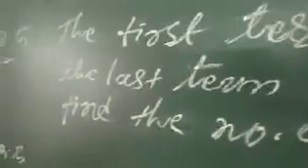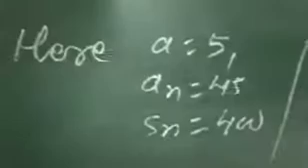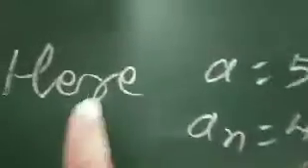Okay, so now we learn question number 5. Okay, so answer number 5 here. Okay, so here a is equal to 5 because the first term of the AP is 5. It means a equal to 5.